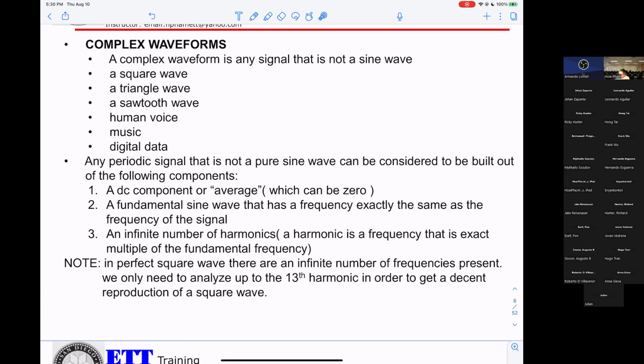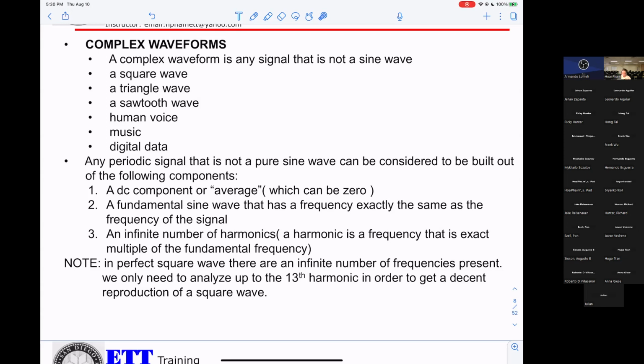Note, in a perfect square wave, there are an infinite number of frequencies present. We only need to analyze up to the 13th harmonic in order to get a decent reproduction of a square wave.